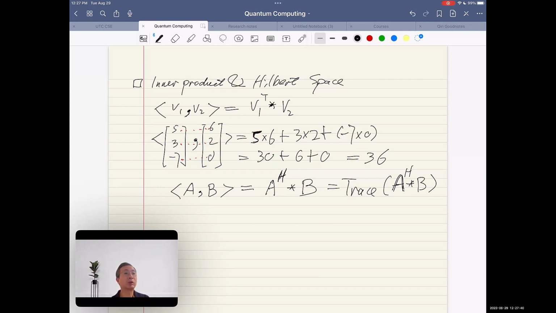In the book this is equation 2.1110, and I have written a Python code to demonstrate that.